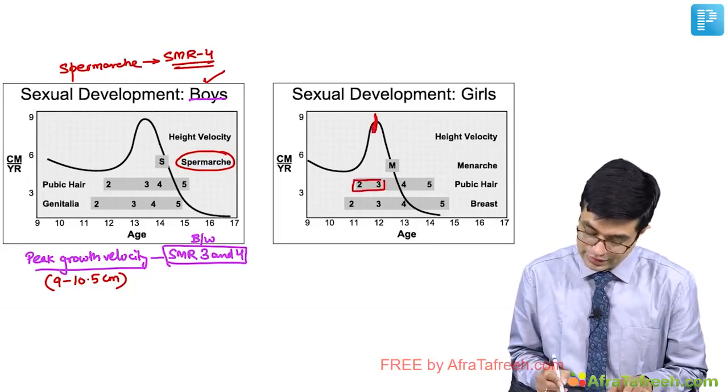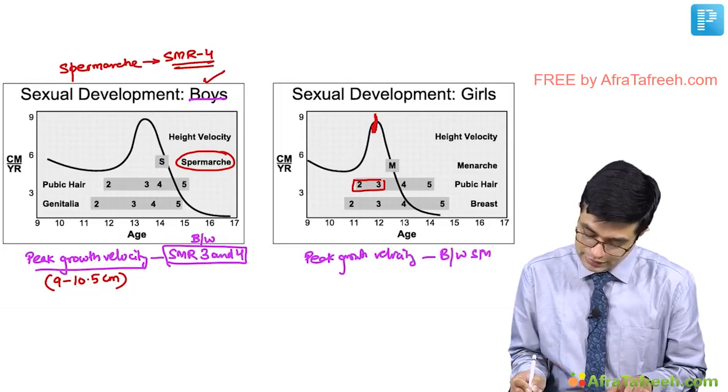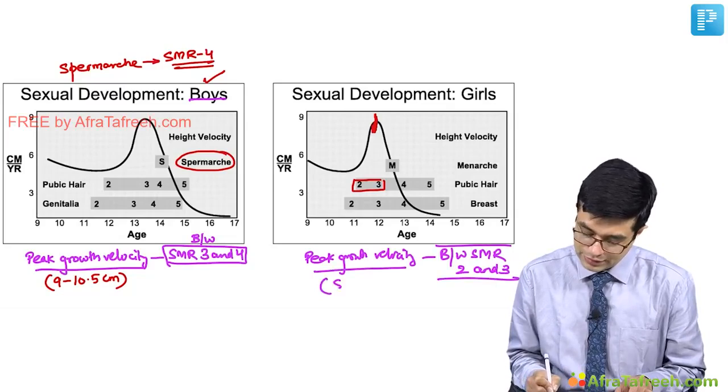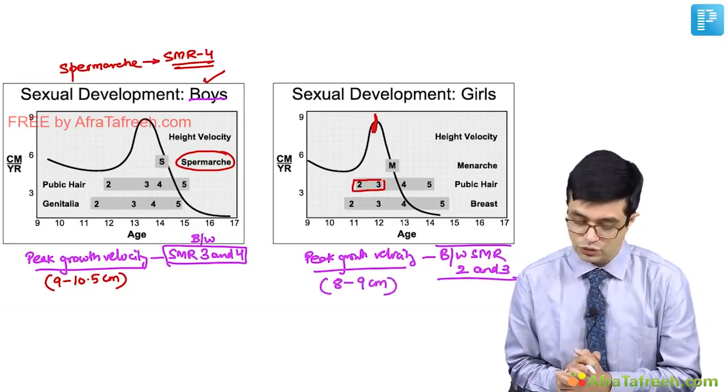This is mentioned in Nelson also. In case of girls, the peak growth velocity will occur between SMR stages 2 and 3, and the peak growth velocity is between 8 to 9 centimeters. So it occurs early, but it is less as compared to males.